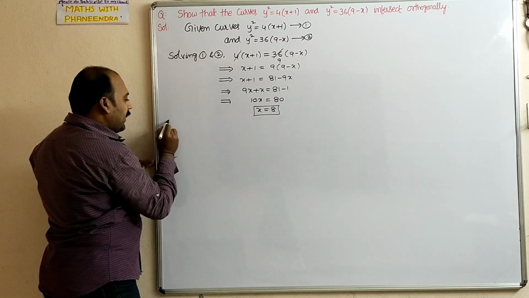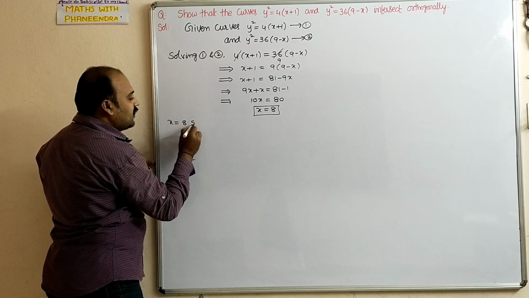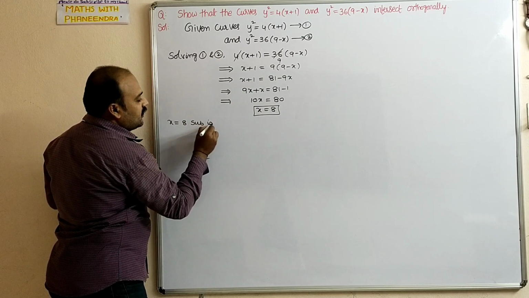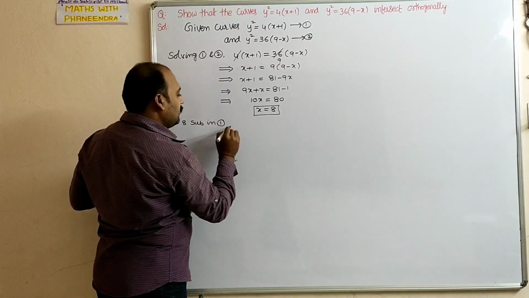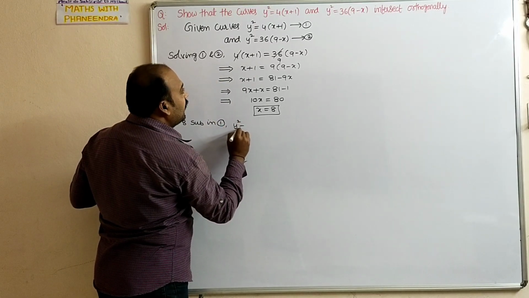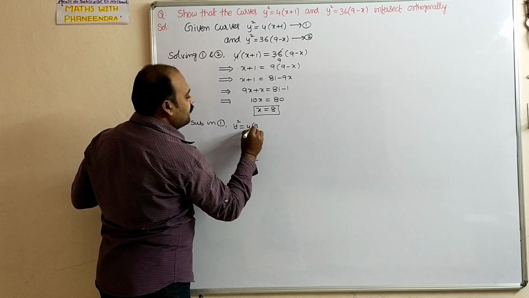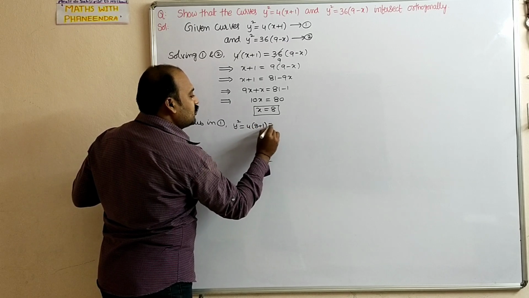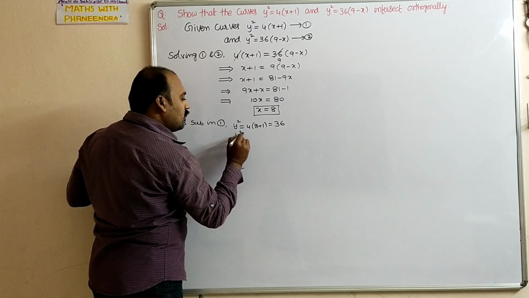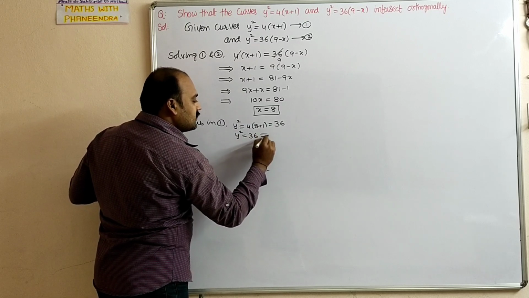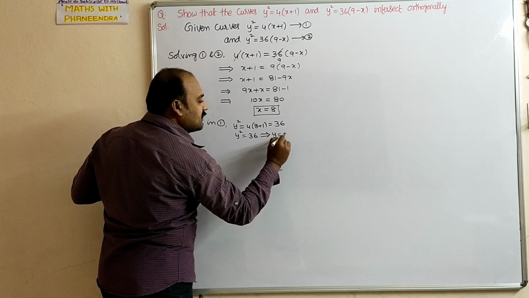Substitute x equal to 8 in either equation 1 or equation 2. I am substituting in equation 1, then we get y square equal to 4 into (8 plus 1), which is equal to 36, 4 nines. So y square equal to 36, that implies y is equal to plus or minus 6.